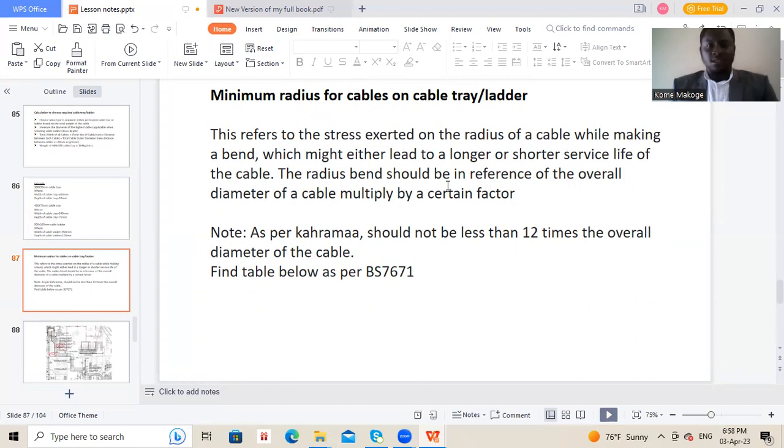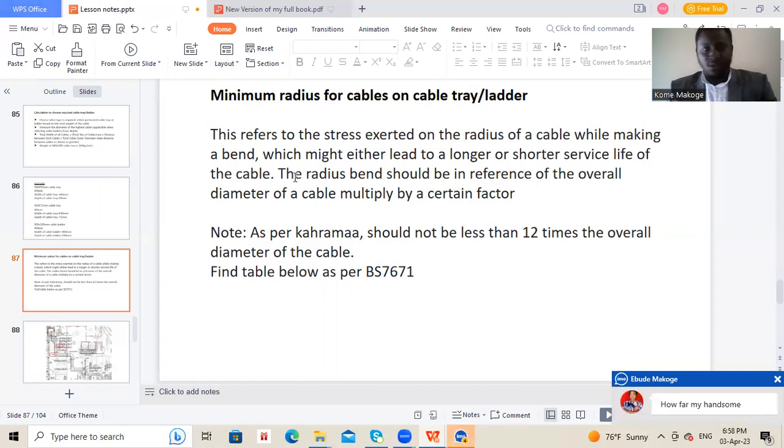So if the project specification requires ready-made fittings, most especially the T bends and the 90-degree bends, all should be ready-made in such a way that we have a very good sliding of the cables and do not cause the cables to exceed their minimum bending radius, which is very important.